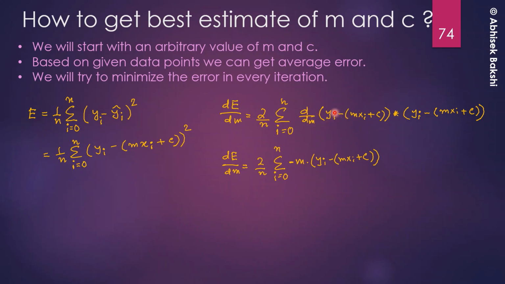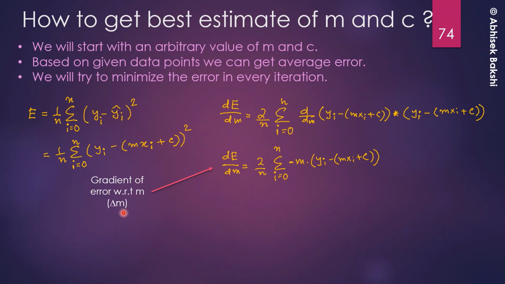And here c is again a constant, because I am trying to find the derivative with respect to m, so it's also 0. The only thing left is mxi. So d by dm of mxi will naturally give xi, with the minus sign, right? So now you see, this is your formula for the derivative of error with respect to m, and this is what you can call the gradient of the error with respect to m, that you can represent as delta m.